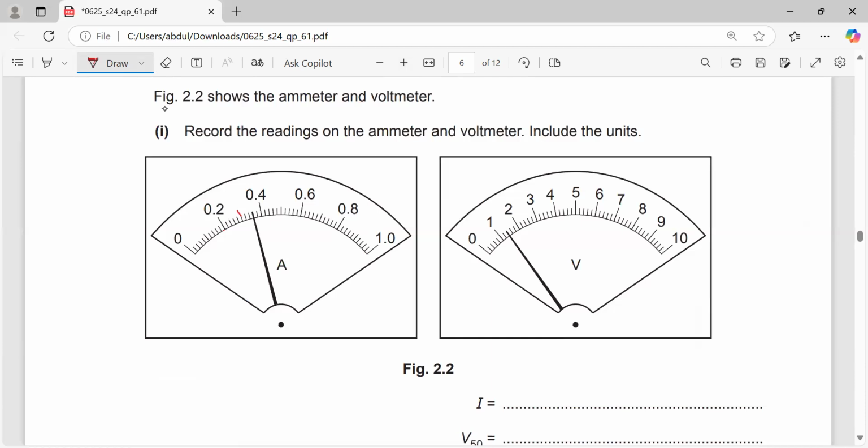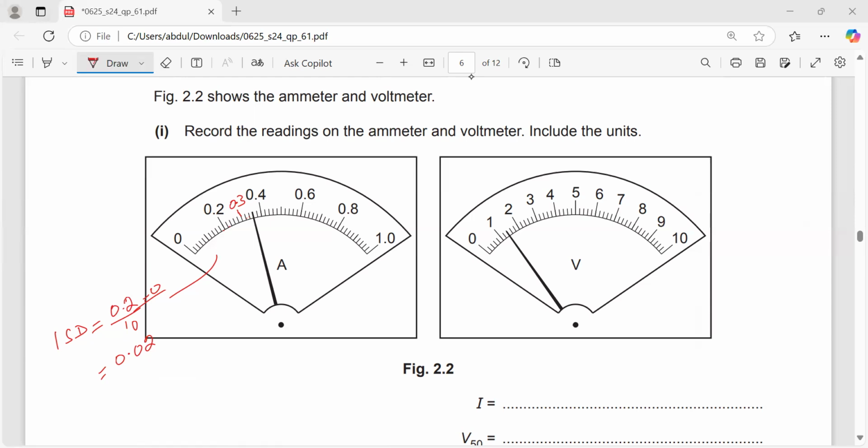If you go for the least count, one small division, what is it representing? 0.2 divided by 10, so it will be 0.02. So this is 0.2, then 1 2 3 4 5, this is 0.3, then 0.32, 0.34 and 0.36. Only Muhammad Gamal answered it correctly.